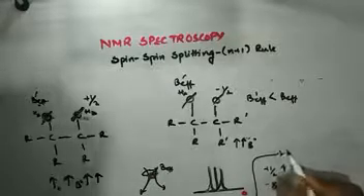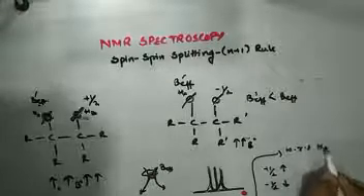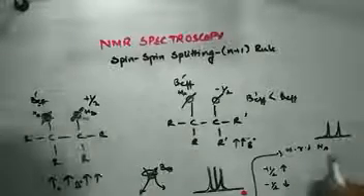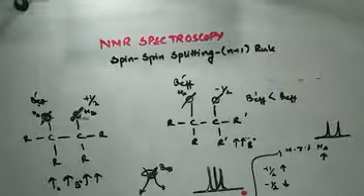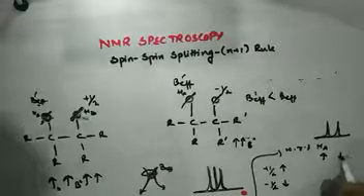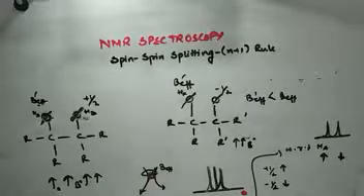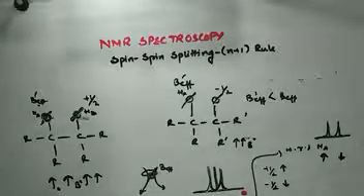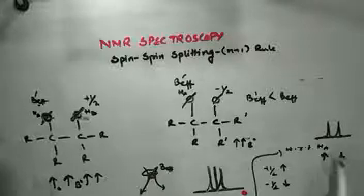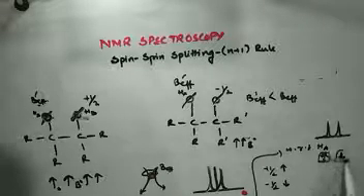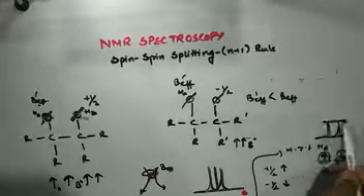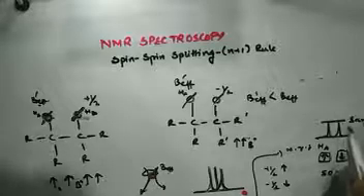With respect to HA, the adjacent nucleus can either arrange itself in positive spin or in negative orientation with the external magnetic field. That's why we get a doublet. The probability of finding the adjacent nucleus in these two possible states is 50% each. So that's why the two peaks are of the same intensity.